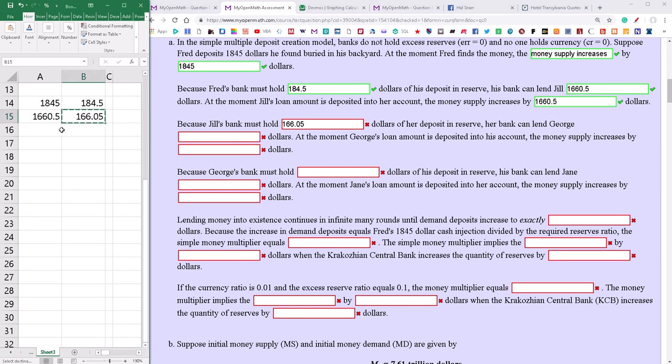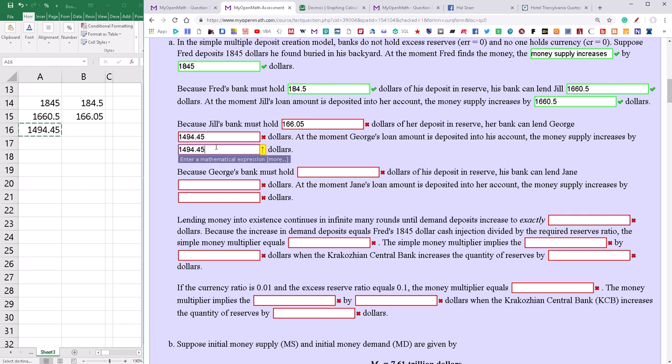Her bank can lend out the difference of $1,484.45. At the moment George's loan amount is deposited in his account, right? He's taking out this loan, maybe for personal items, and as soon as the loan's approved, he's handed a check, and then he might deposit the check into his account.